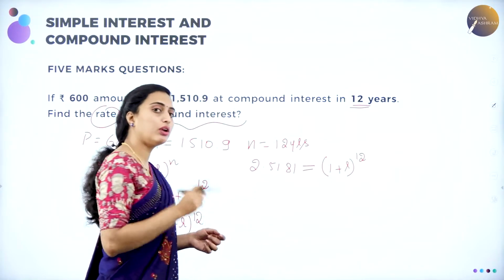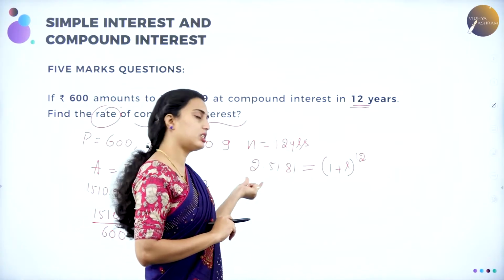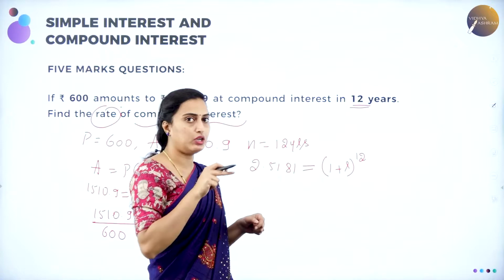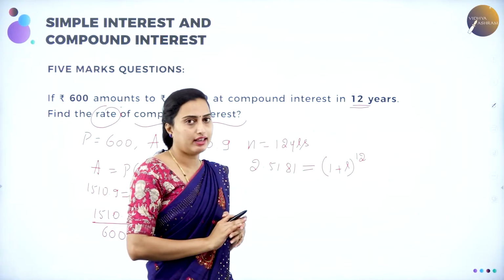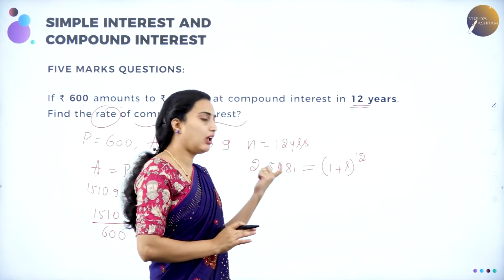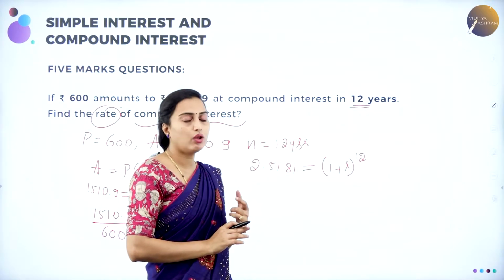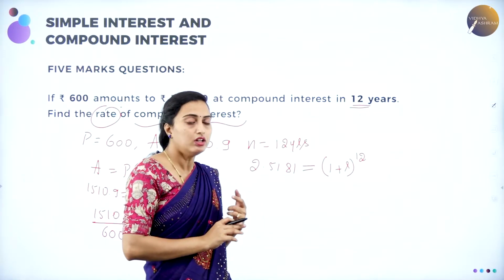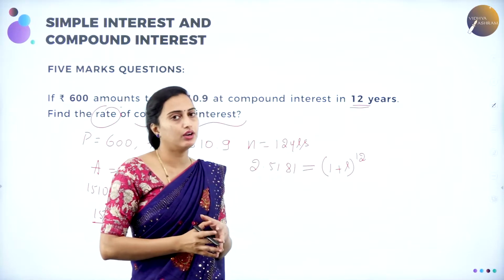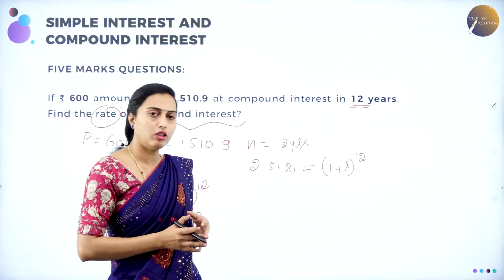Now either you can take this power 12 to this side, it will become the power of 1 by 12. You can solve it in a calculator. Otherwise, you can take log on both sides and solve accordingly. Are you getting this? If you do not have the power in your calculator, you can take log on both sides.